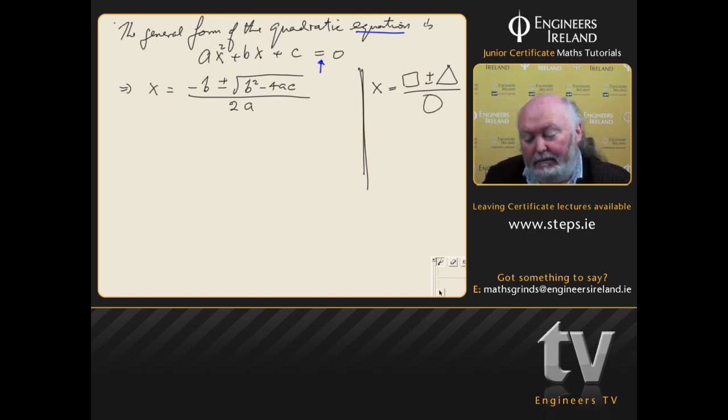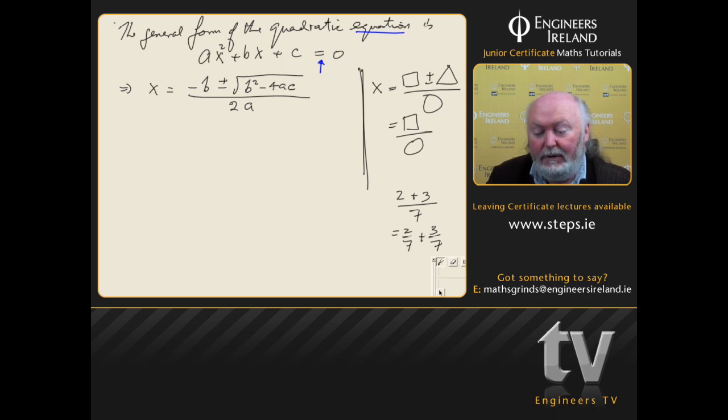That's a bit like saying 2 plus 3 over 7, for argument's sake. We'd say that is 2 over 7 plus 3 over 7. In other words, it's the first something divided by what was underneath. And in this case, it must be plus or minus the second thing divided by the thing underneath.